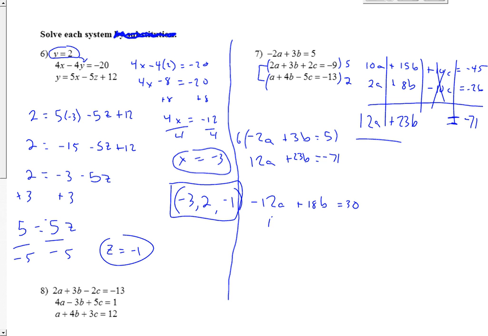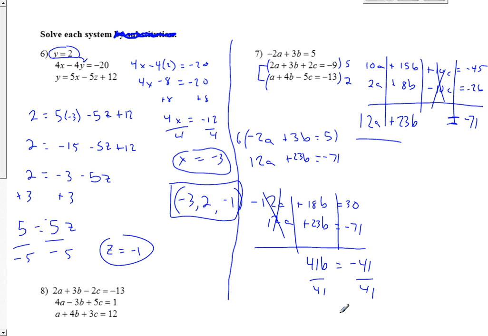My second equation was 12a plus 23b equals negative 71. If I add these together, the a's will cancel. I get 41b equals 30 minus 71, which is negative 41. So I divide by 41, and I get b equals negative 1.